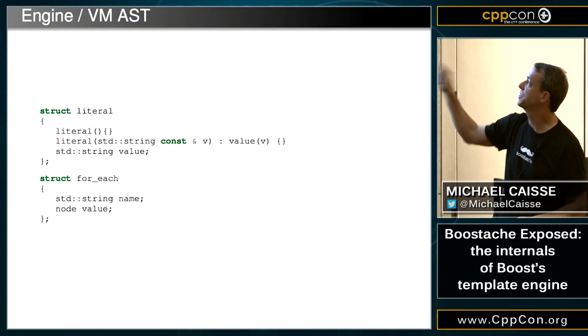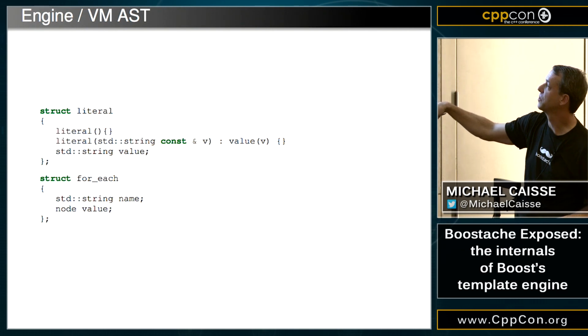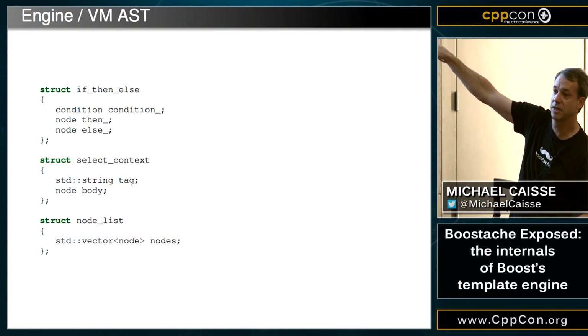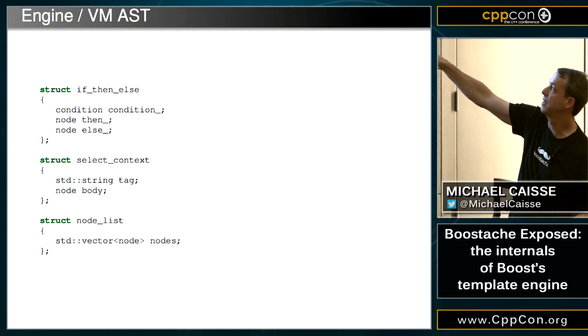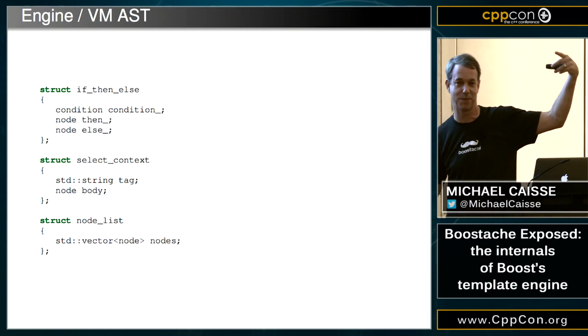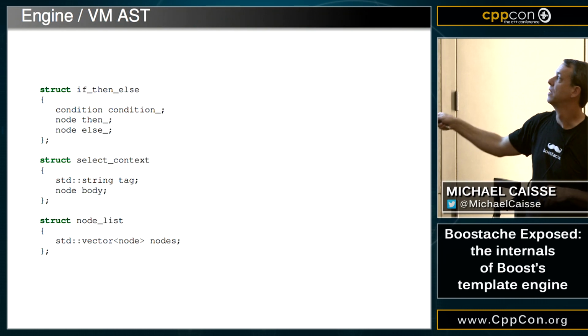Not super important what each of these are. You can probably guess what most of them are. The for each will have a name associated with it and a node. The if then else is going to have a condition that'll be evaluated, and then a node on the then and a node on the else, which are basically like lists of what to do.